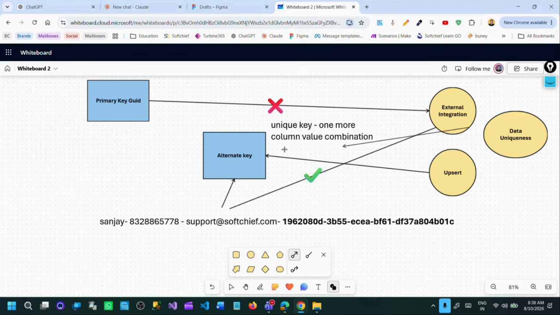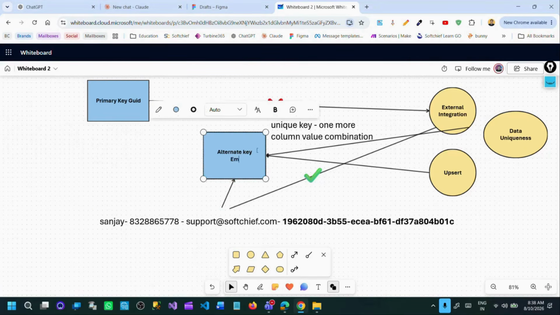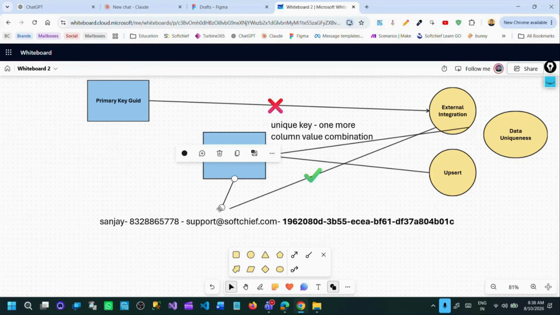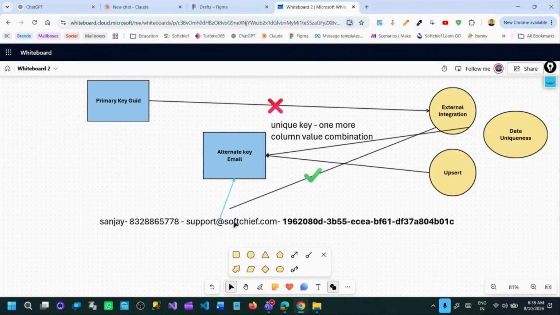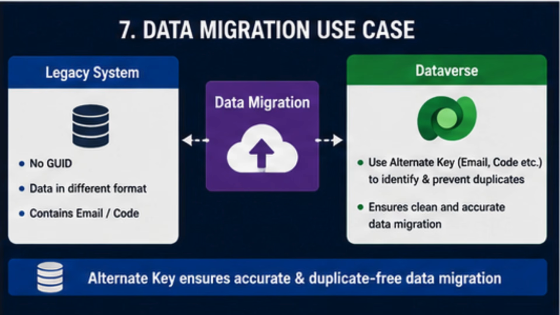In your Dataverse, if you have defined an alternate key and added the email field in your unique key, then you cannot create one more record with the same email ID in the system. It will automatically restrict users, because there is an alternate key with the email field associated, that will restrict duplicate records.